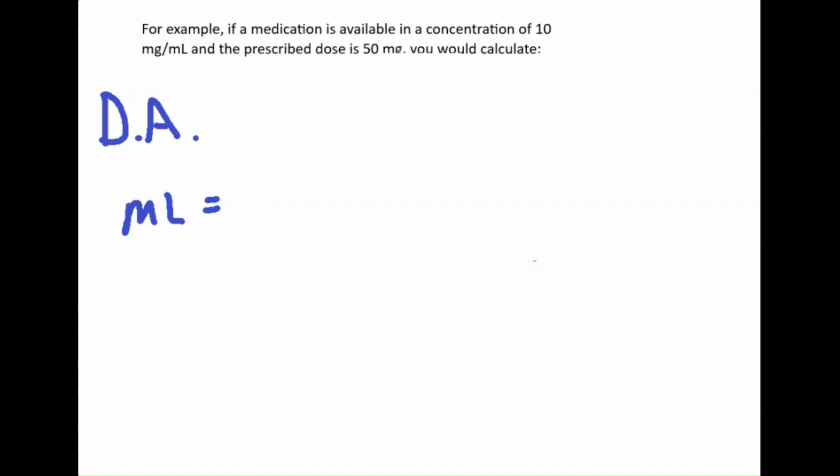So that's gonna set the way we're gonna set the problem up. All right, so I know that I have to start my problem with milliliters, and the only thing that has milliliters in it is my concentration, right? They're telling me that this medication is at a concentration of 10 milligrams per milliliter. So 1 milliliter will contain 10 milligrams of this particular medication.